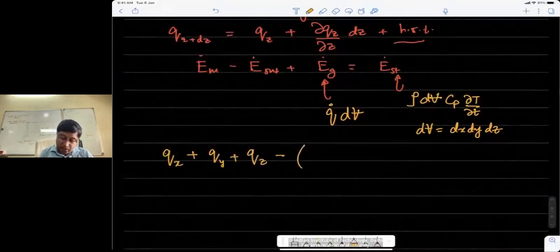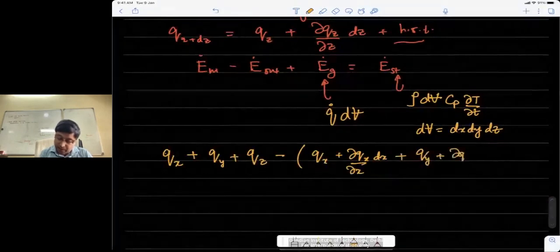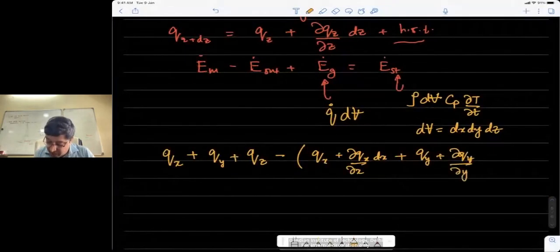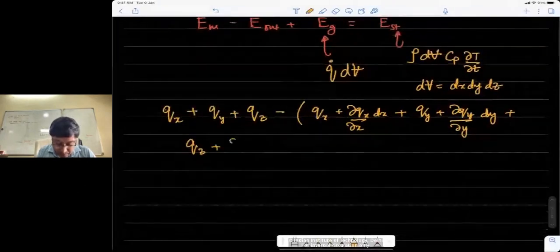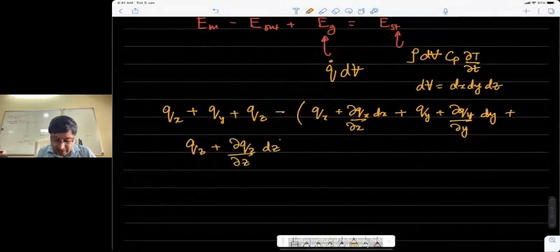Energy that is leaving would be Qx plus dqx/dx dx, plus Qy plus dqy/dy dy, plus Qz plus dqz/dz dz.